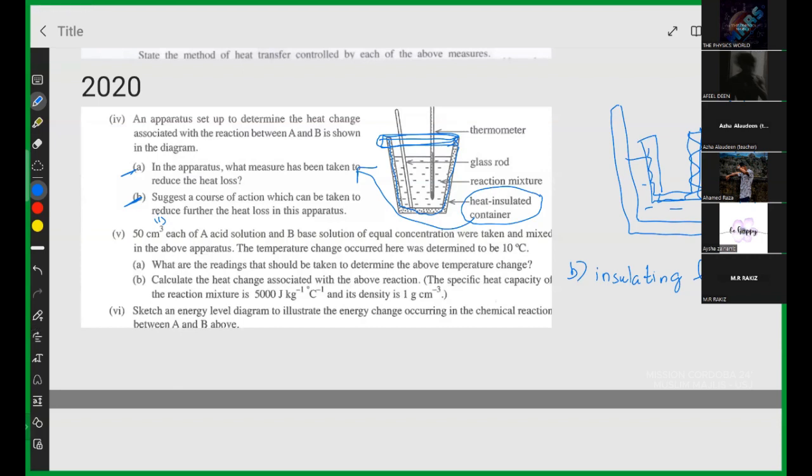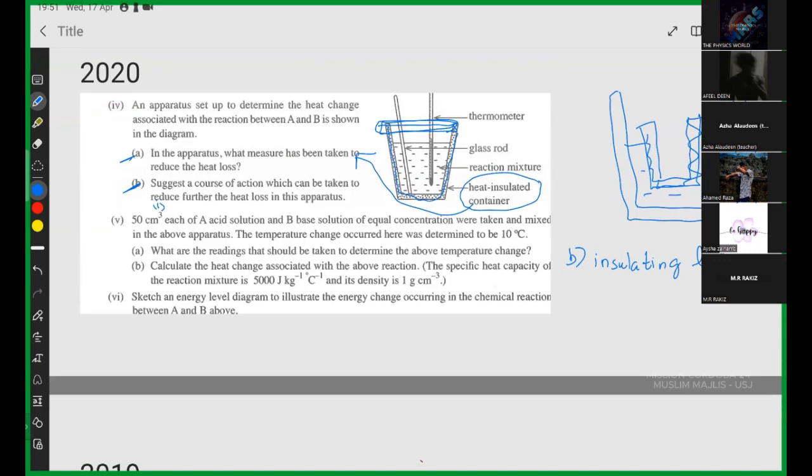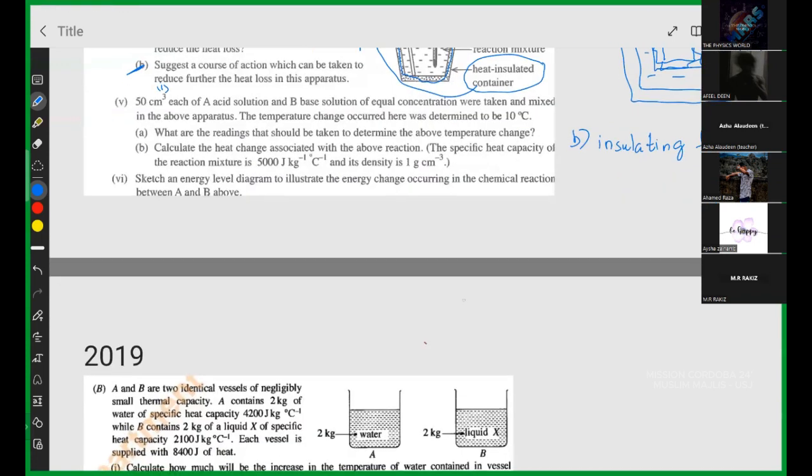Insulating means it will not allow the heat to pass. Conducting means it will allow the heat to pass. Let's say you're pouring hot water inside a Regiform cup, and let's say this is a metal cup.